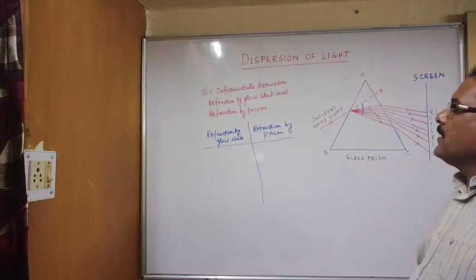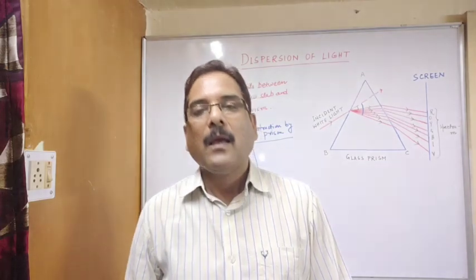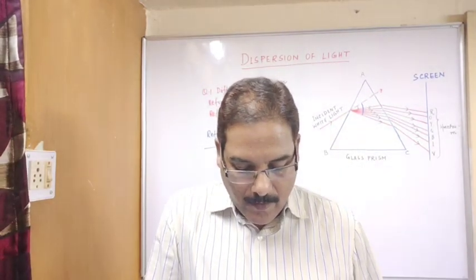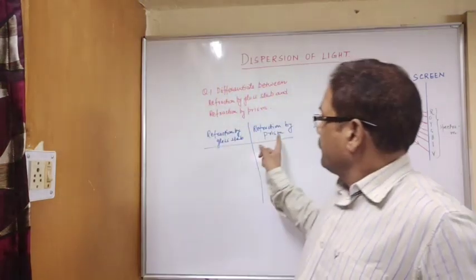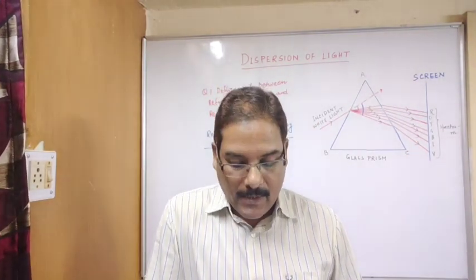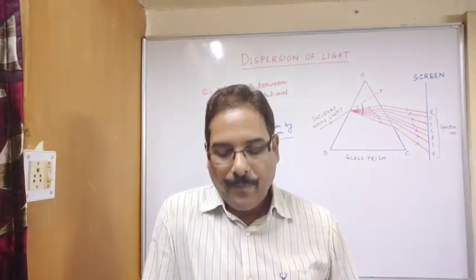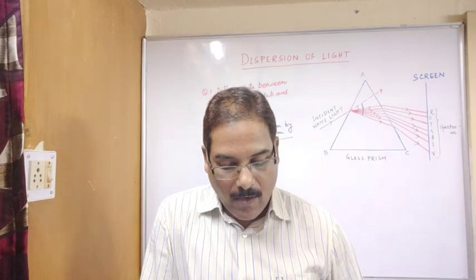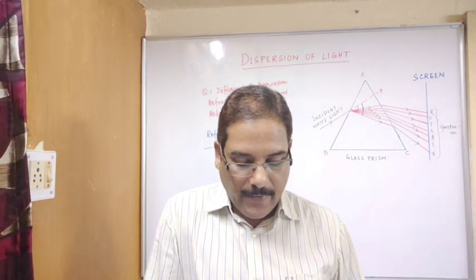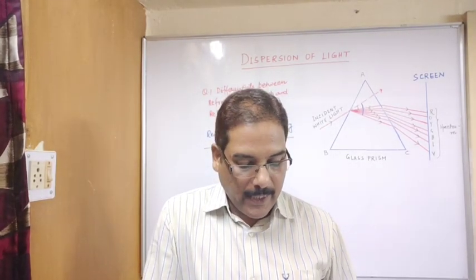Then the first point on the right side, refraction by prism: the emergent ray deviates from the direction of the incident ray.